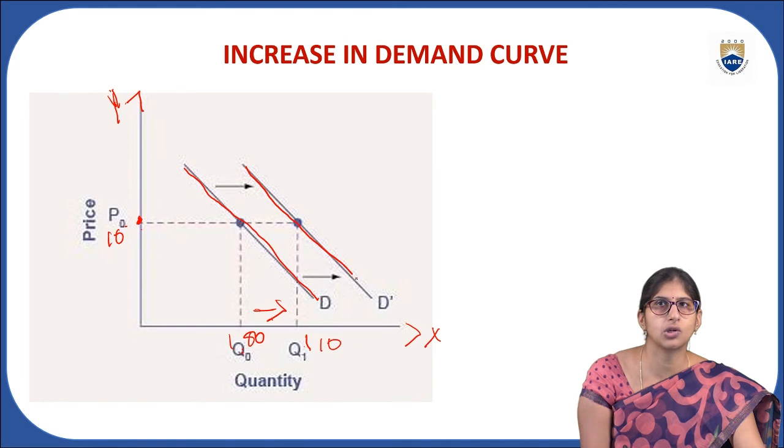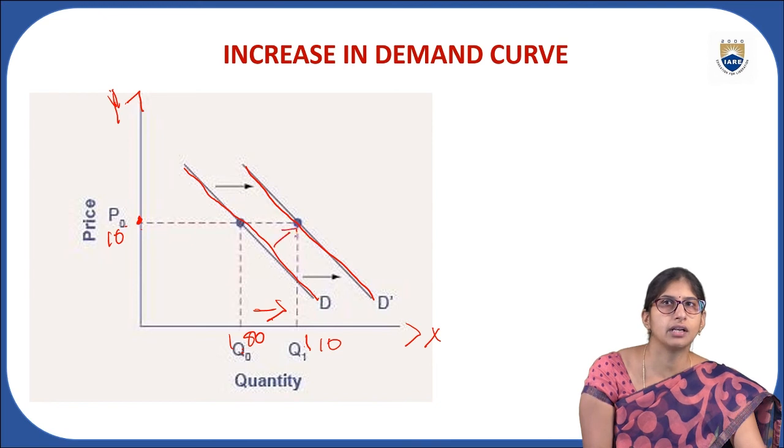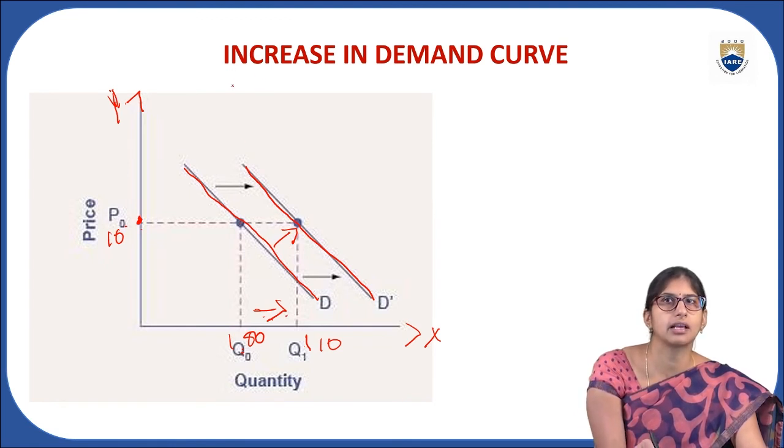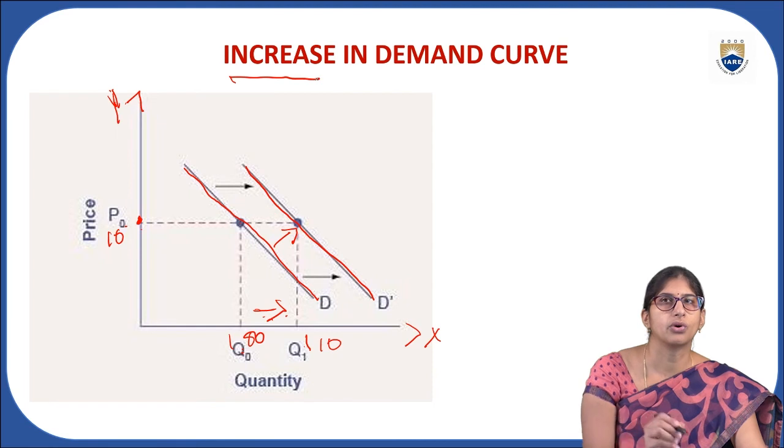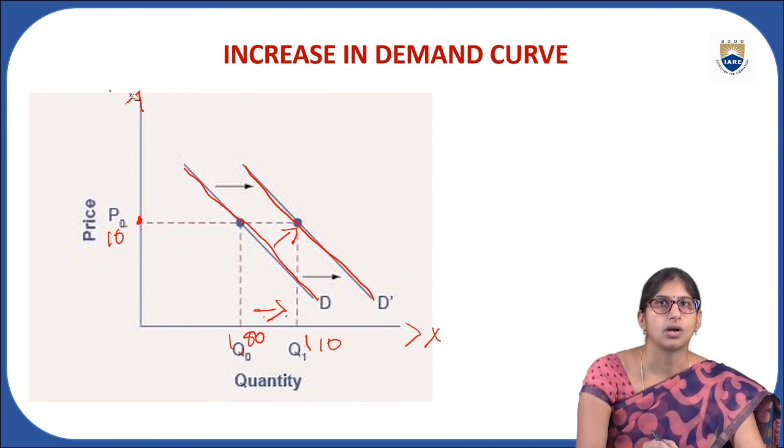So these are the two demand curves we got, right? There is a shift in the demand curve. When the quantity is increasing here, we call it an increase in demand. And now let us understand what is a decrease in demand.